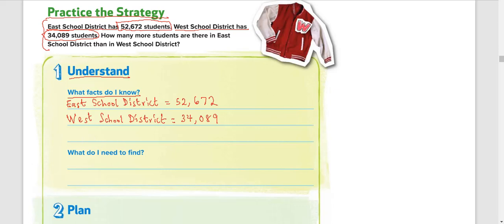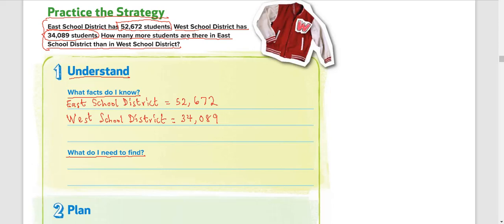So let's go to the next one, which is what do I need to find? So what are you looking for? Go to the second line of the question. It says, which is the last sentence, how many more students are there in East School District than in West School District?